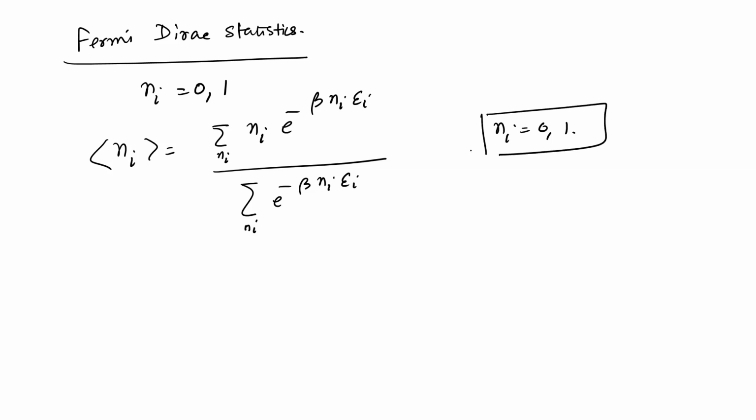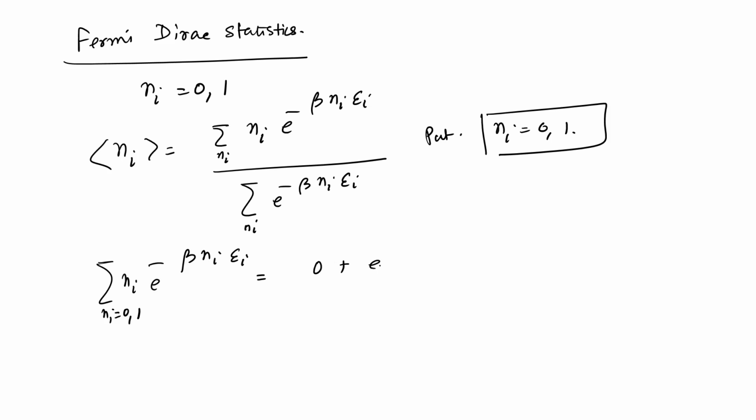So, put Ni equal to 0 and 1, and what we get is the two terms. So, this Ni equal to 0 and 1 is exponential minus beta Ni epsilon I with a Ni factor here.